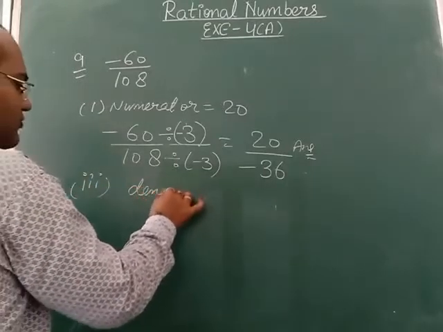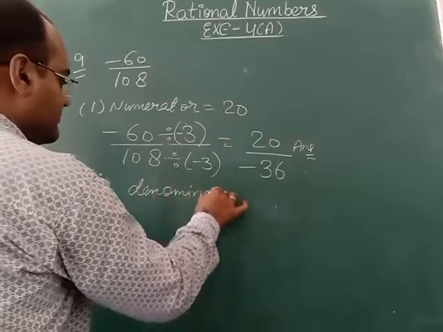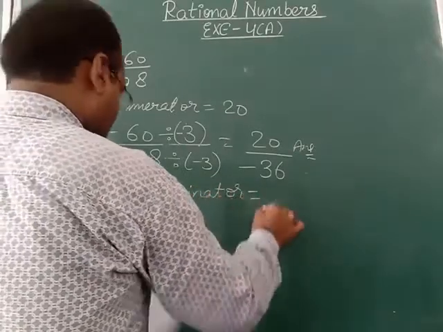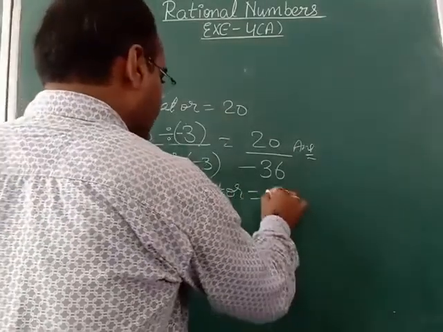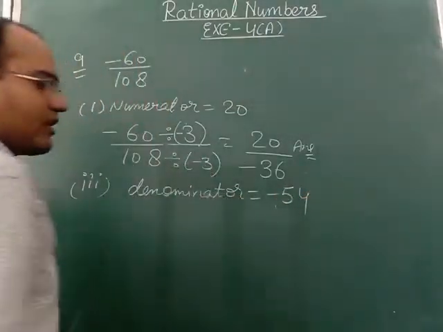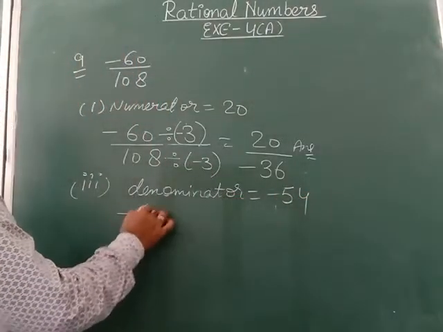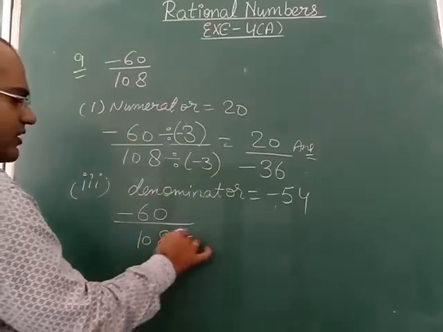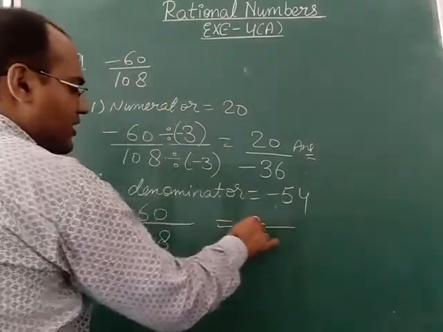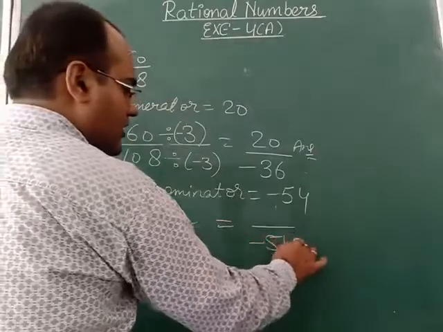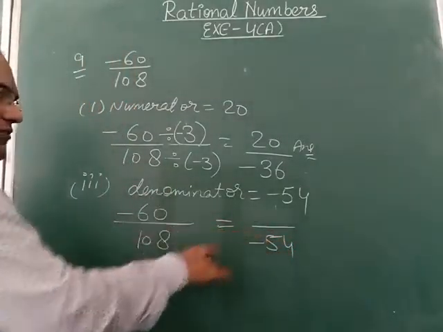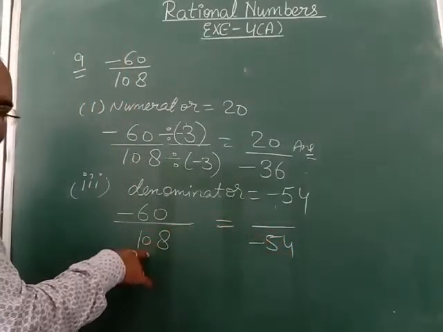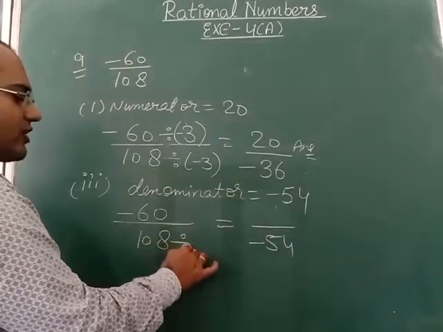In the denominator we have to make minus 54, but in the question it is given minus 60 upon 108. In order to bring minus 54 in the denominator, since 54 is less than 108, that means we have to divide.